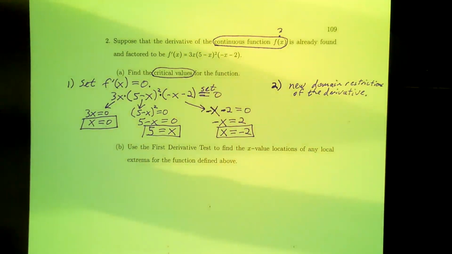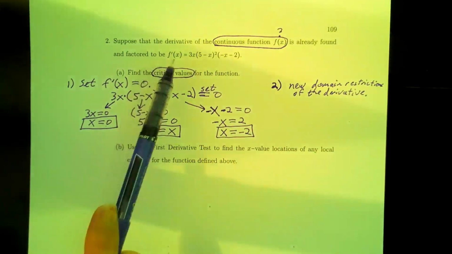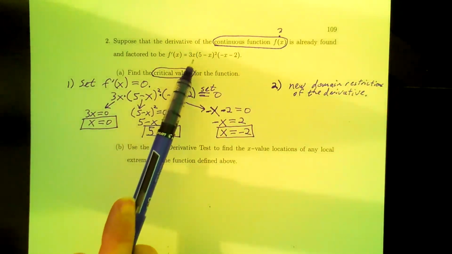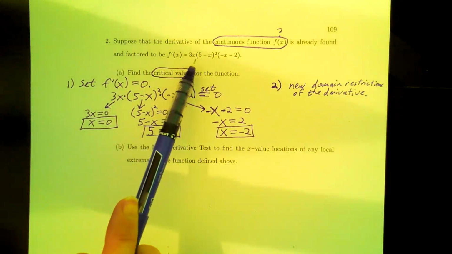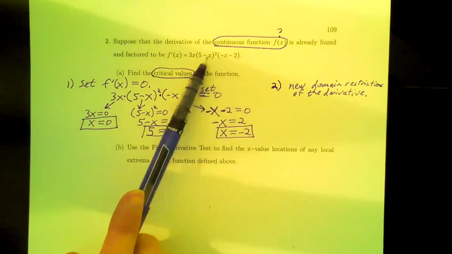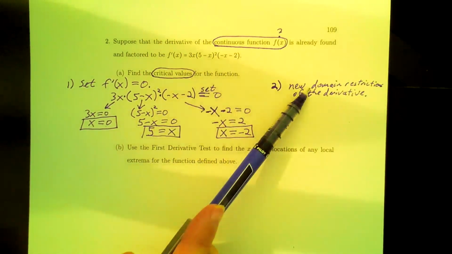There's no points of concern, no domain restrictions for the original function. And I see the derivative function itself right in front of me. I have to ask myself, does that have any domain restrictions? If it did, that means they would be new ones because the original function had none. So if this one had any, they'd be new and I'd have to write them here.